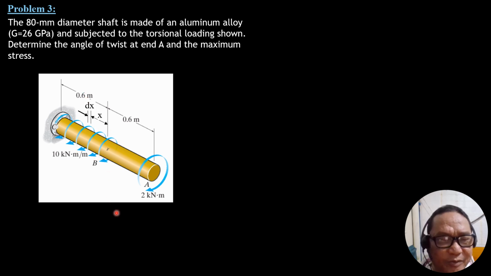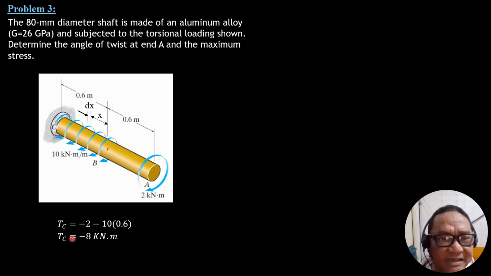So -2 for the maximum torque, which occurs at the fixed support, then -10 times 0.6. That's the torsion at C. So it is -8 kilonewton meter.